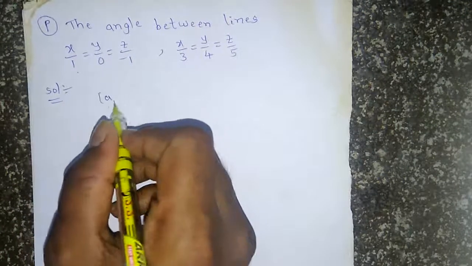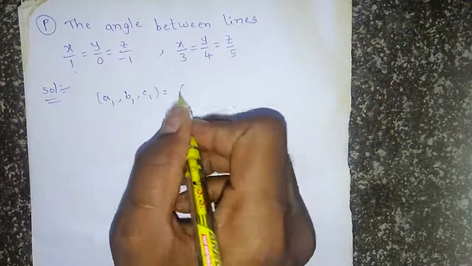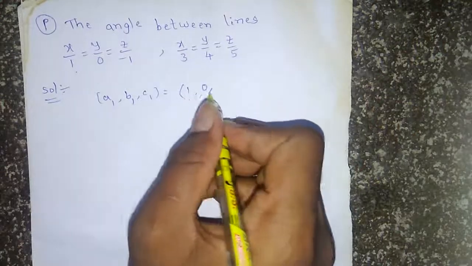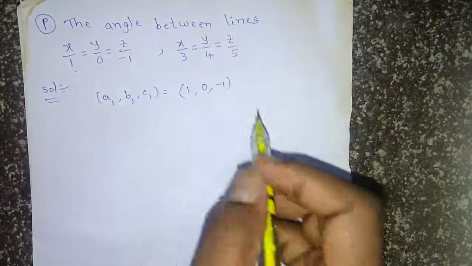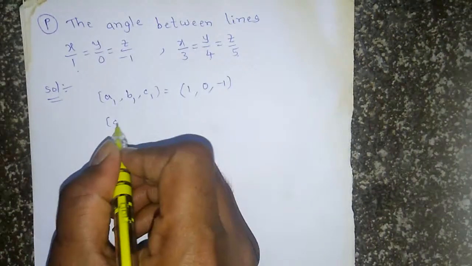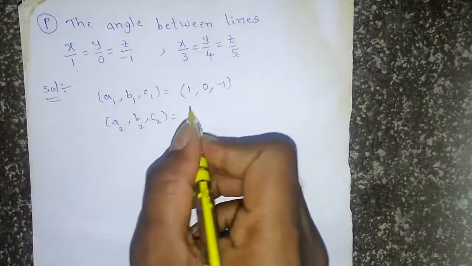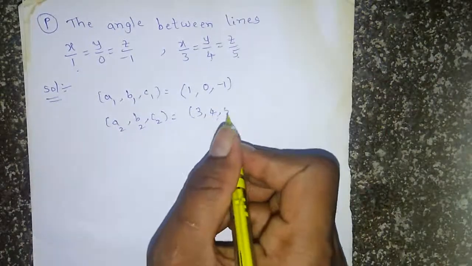So we take direction ratios as a1, b1, c1. First line DRs are 1, 0, -1. Similarly, the second line direction ratios are, let us say, a2, b2, c2, that is equal to 3, 4, 5.